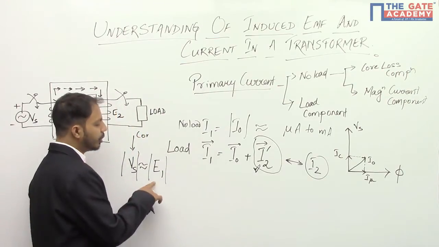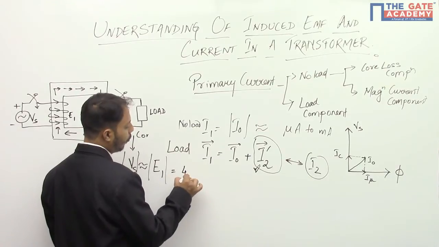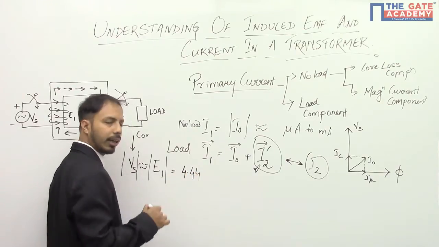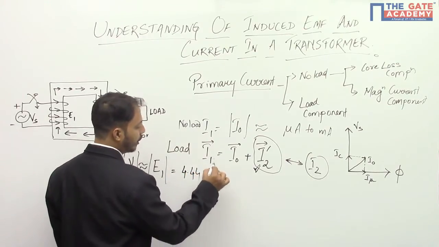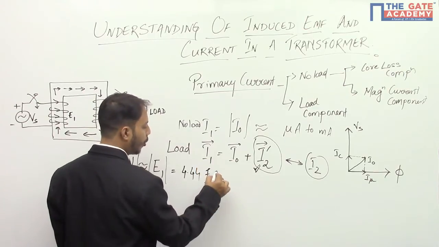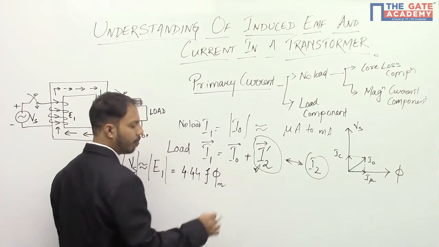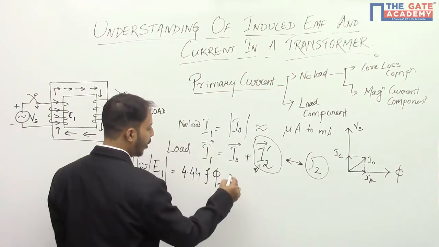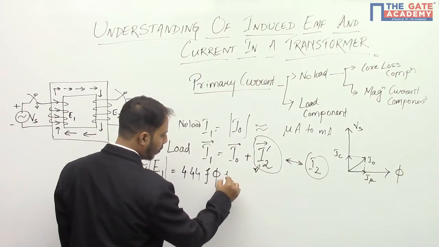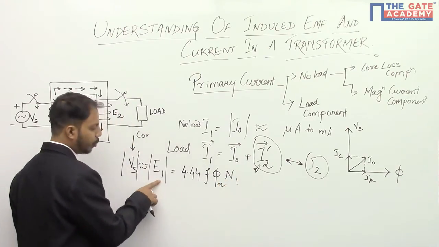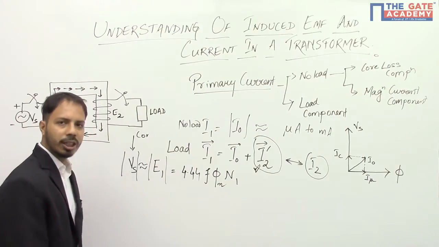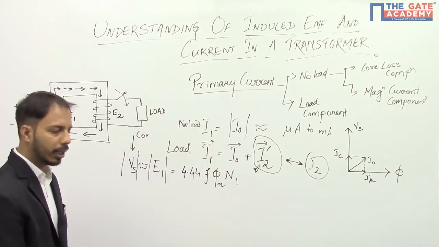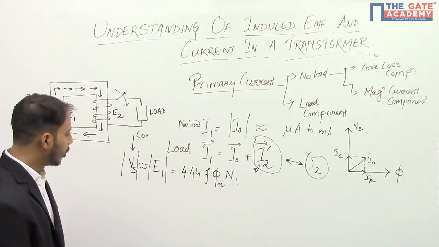So now induced EMF, I know it is equal to 4.44, this is RMS value, into frequency of the supply, into phi m, into number of turns. Since this is 1, so this is number of turns in the primary. Clear? We know these things.